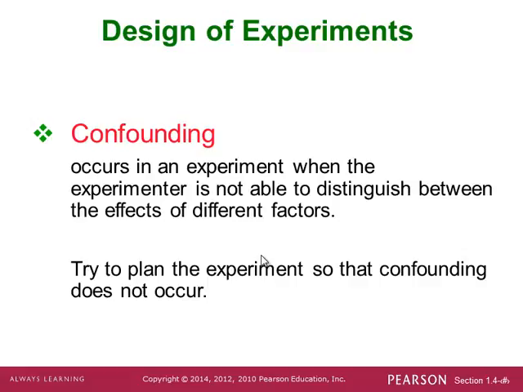So what you'll want to try to do is make sure that there is an equal number of men and women in each of the groups. So those biological differences are not a confounding variable.